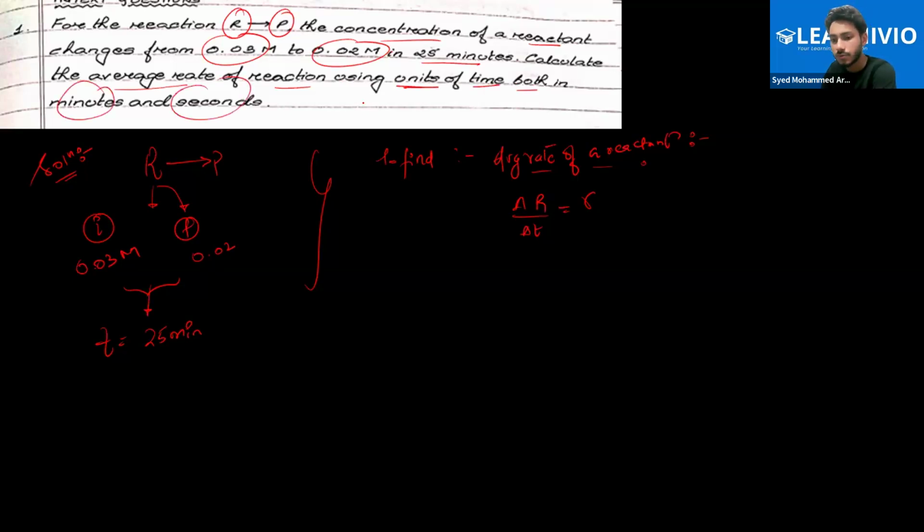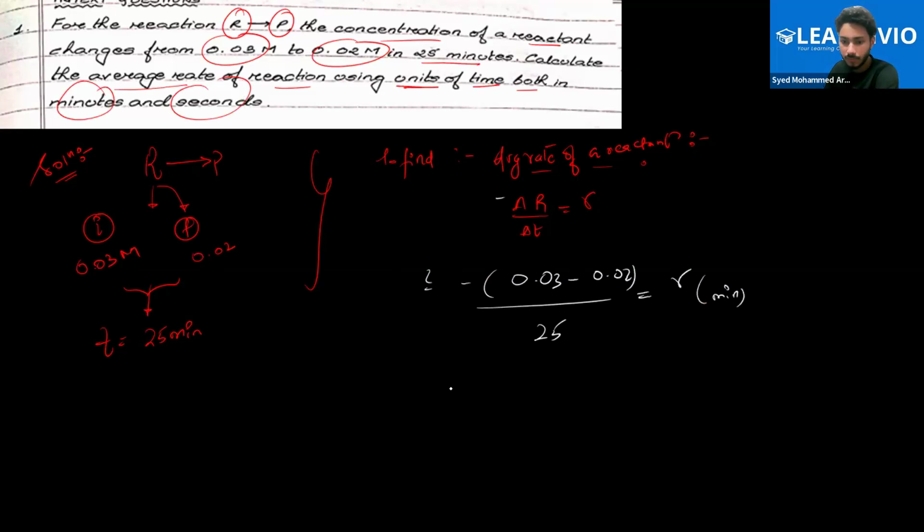This is the same question, based on the previous question. So the same thing you need to do: just write minus of (0.02 minus 0.03) divided by the time, which is 25. So you'll get your answer in minutes.